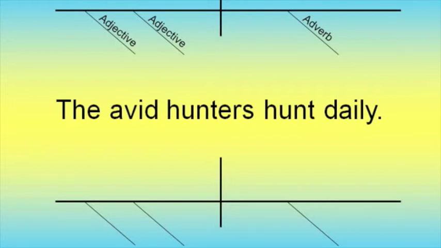Once you find the verb, the subject will usually, not always, come before the verb. Once you find the subject and the verb, you can then add your adjectives and your adverbs. So take a second, pause, see if you can fill this in, come back to the presentation and see if you're correct.